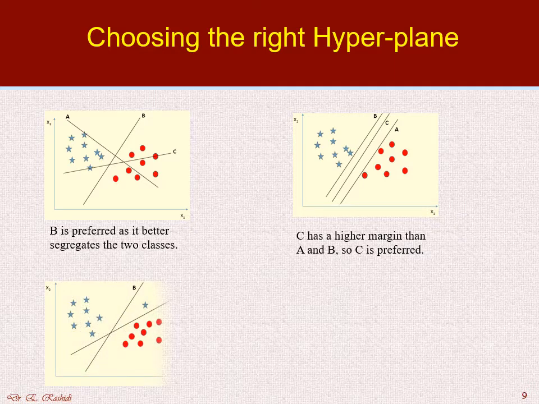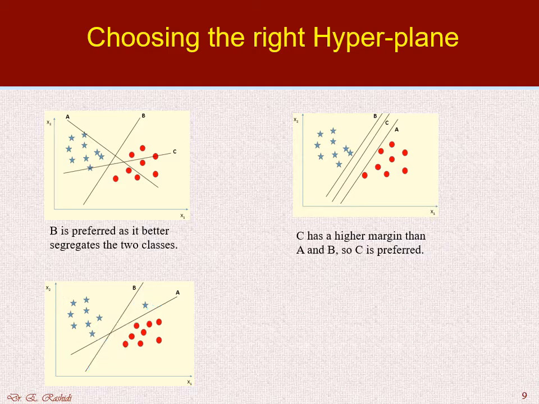How about this one? So here we have A and B. What do you think? Which one is better? Well, here, if you consider the larger margin, B seems to do a better job, right? Because B has a larger margin and a clear differentiation between the two classes.